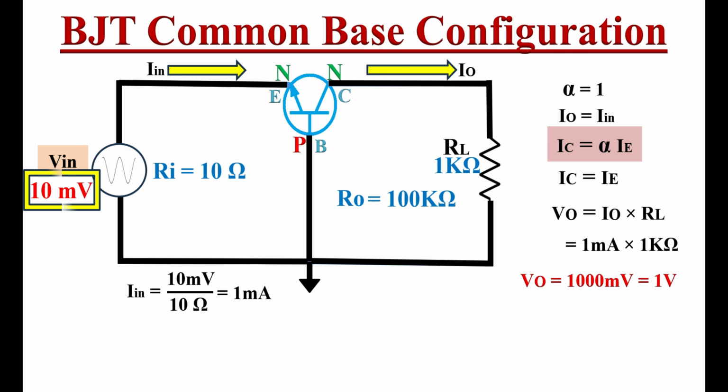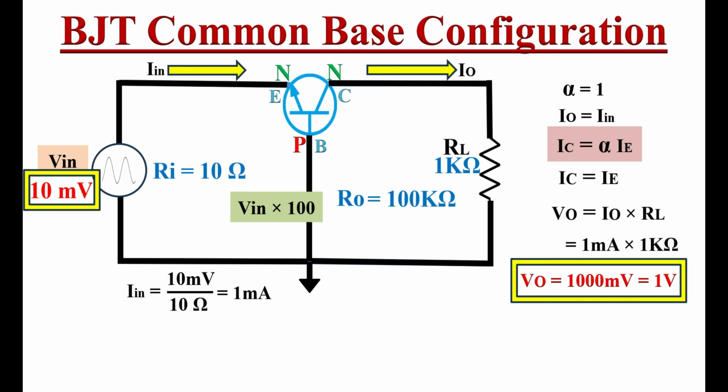Here the applied input voltage is 10 millivolts, while the output voltage is equal to 100 millivolts. This means the input signal gets amplified by a factor of 100, or in other words we can say that here the voltage gain is equal to 100. So in this way the applied input signal gets amplified in this common base configuration.